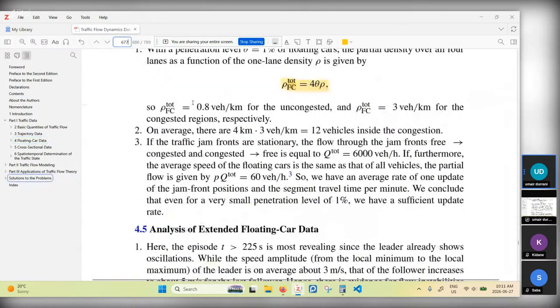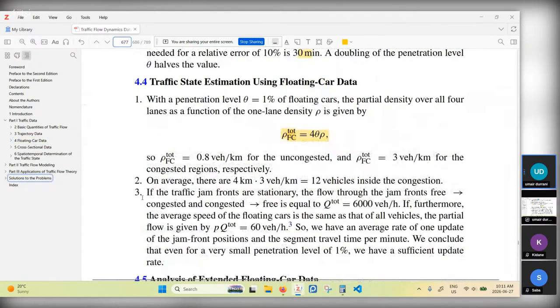So here's number 3. If the traffic jam fronts are stationary, the flow through the jam fronts, free to congested and congested to free, is going to be 6,000 vehicles per hour. This is what the term jam front means: you are going from free traffic to congested traffic and then from congested traffic to free traffic.